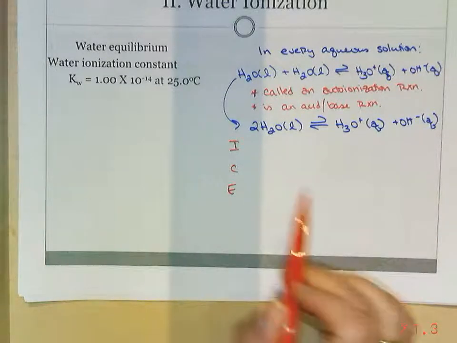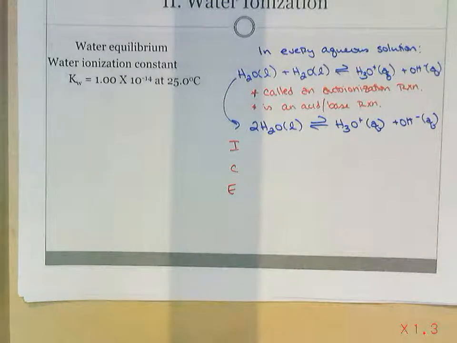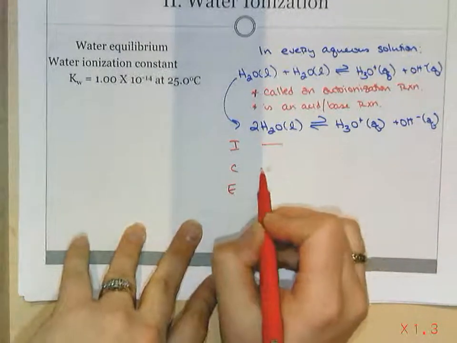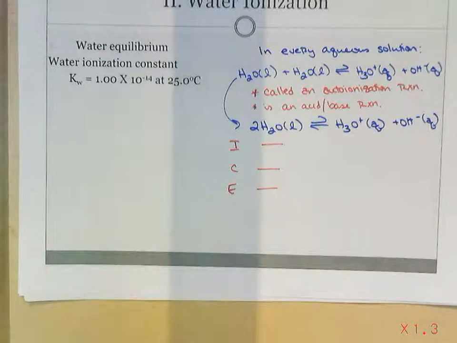All right, so here we have our ice chart. What do we know about pure liquids in an ice chart? They don't count. Pure liquids and pure solids do not count. So I'm just going to write a little dash through those lines so that they're included in the table, but they don't count towards equilibrium.